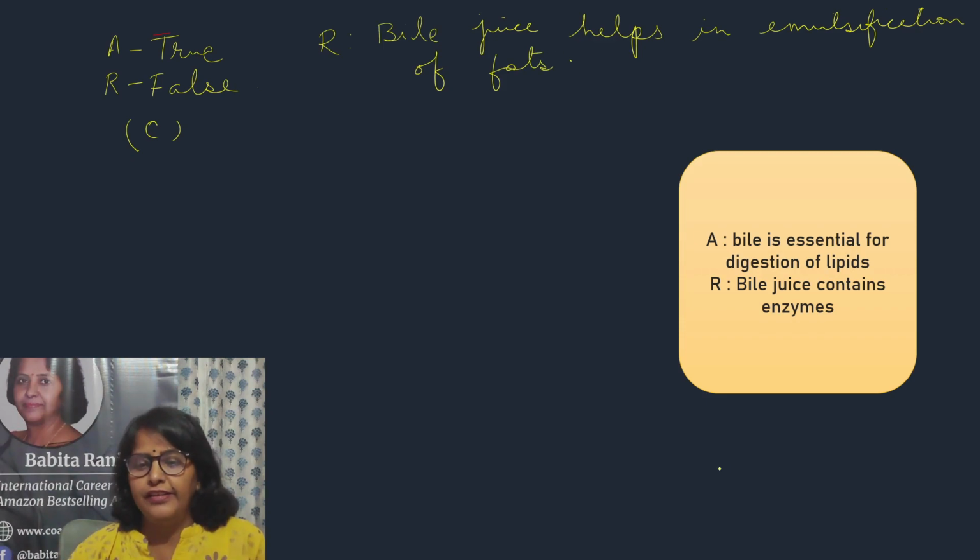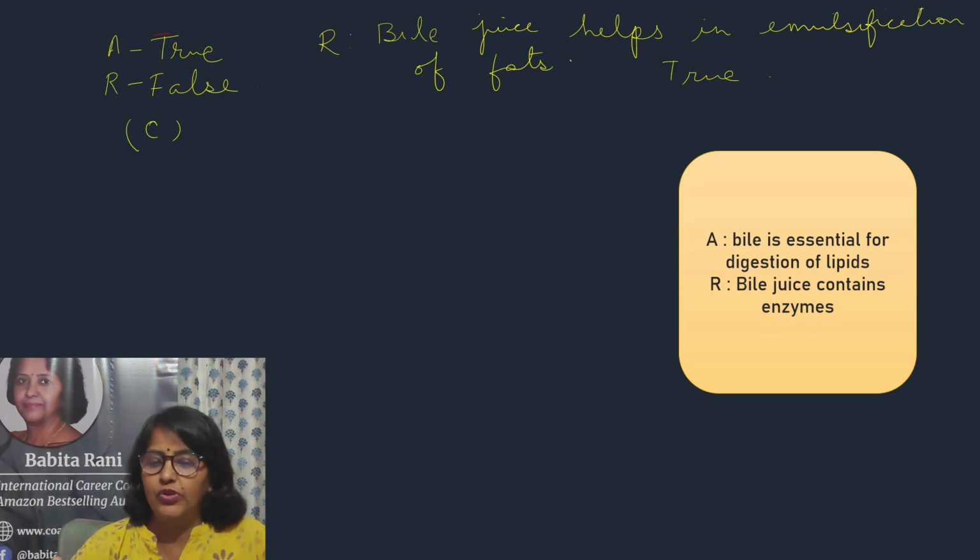Now if we replace this R with this, bile juice helps in emulsification of fat, what will be the answer for this then? Bile is essential for digestion of lipids, that is true, and bile juice helps in emulsification of fat, this is also true. Is it correct explanation of A? I told you, either add because or if, whatever seems to be correct.